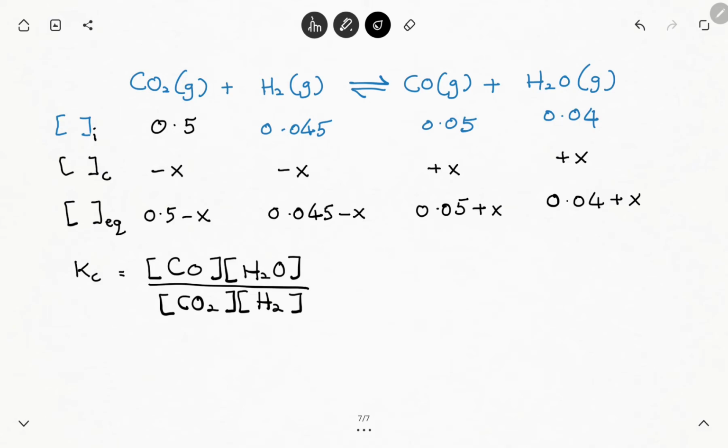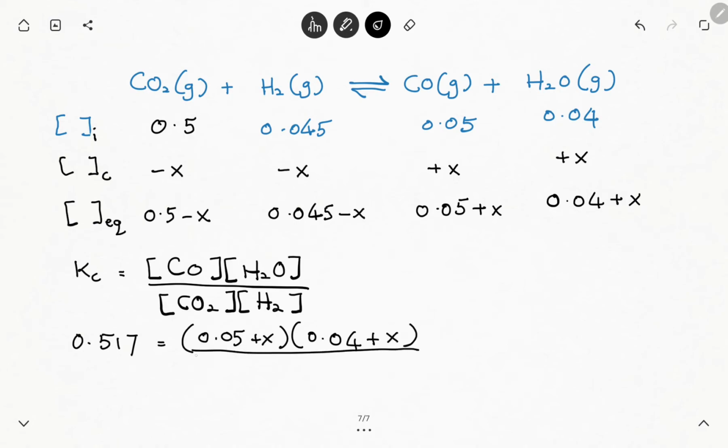Since the value of Kc is given in the question, 0.517, we substitute the concentrations for all species, with unknown X. We don't have the value of X, so from this formula we can calculate it.